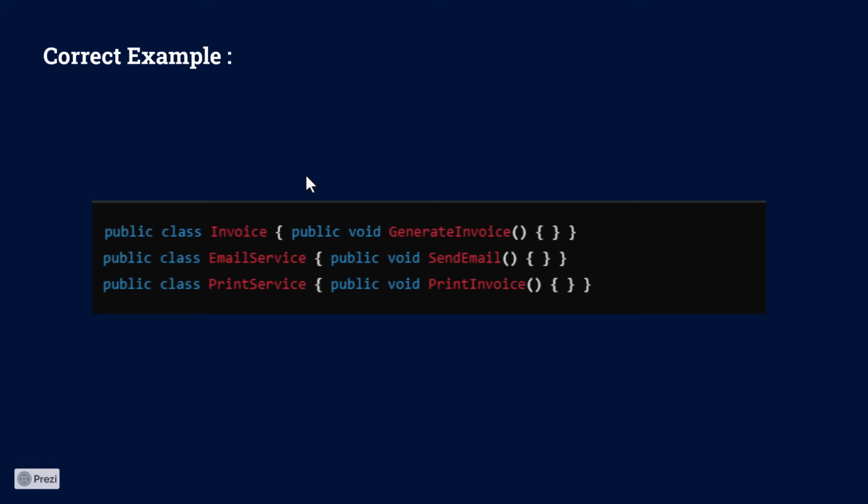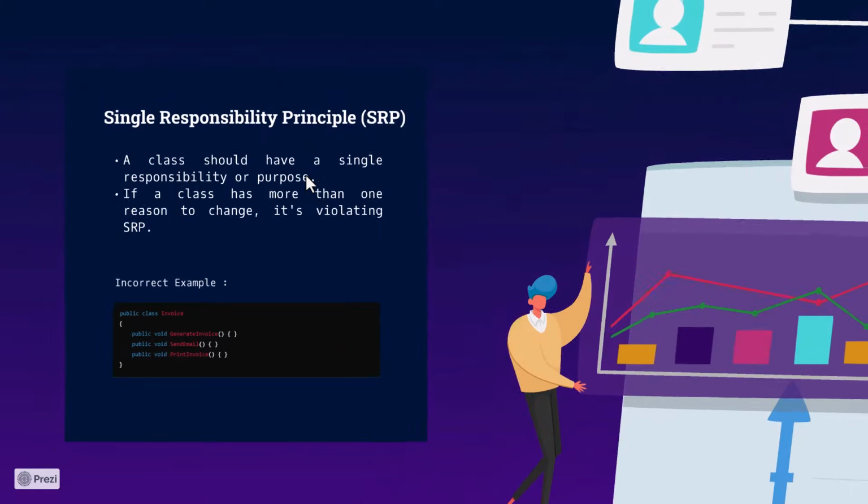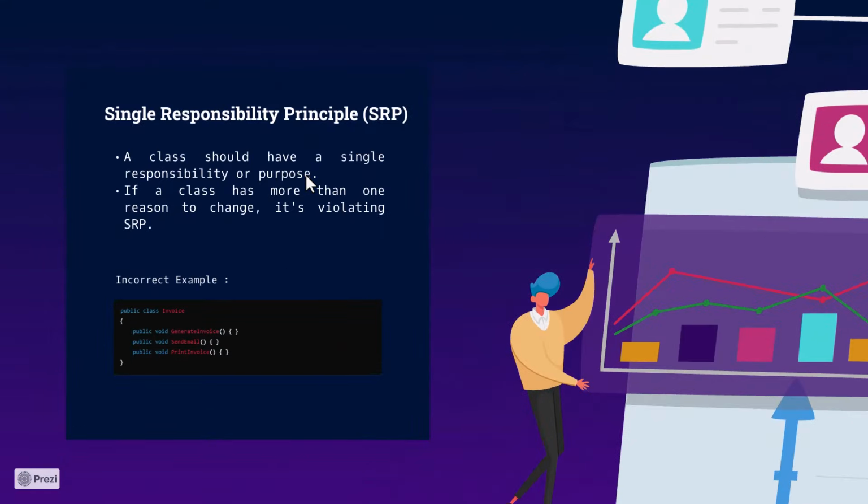This is the same for EmailService. Email service can be used in many classes or many actions, but there could be another notification process implemented in this class. As well for PrintService, we have print invoice, but we could also have another method called print recalculate invoice. So this is the best example of how we can apply the single responsibility principle.